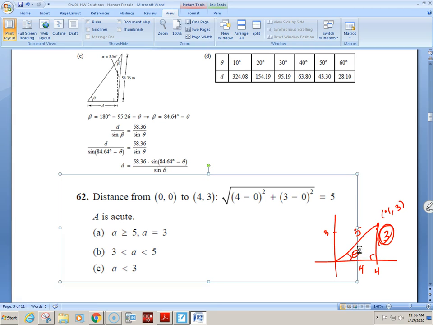So if A equals 3, this must have been just one case, and then this one's 2 cases, and this one's no cases for SSA. If it's less than 3, it's too short. It'll dangle with this angle, and it'll never hit. It can't connect. It'll just hang there and not be a triangle. So that's a less than 3.